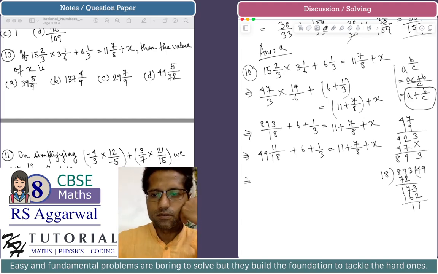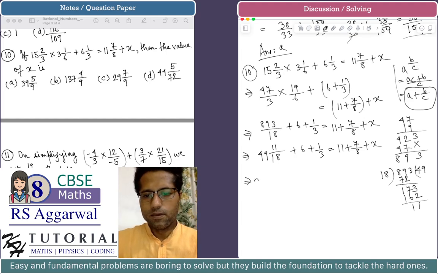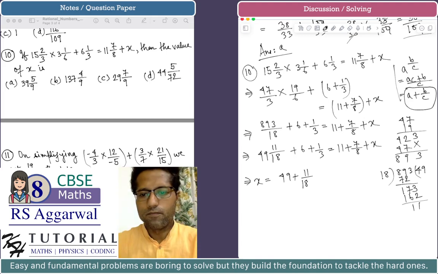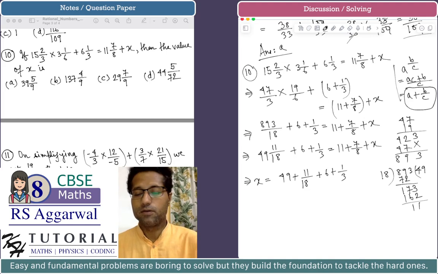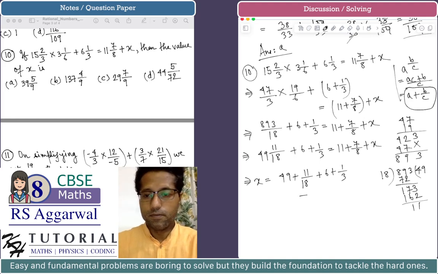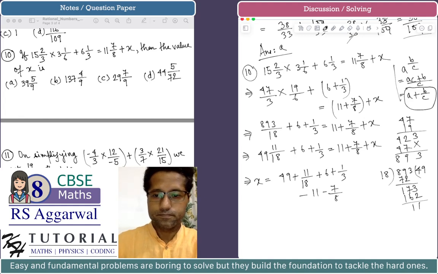So this implies now x will be equal to, now 49 and 11 by 18 is nothing but 49 plus 11 by 18, and we have plus 6 plus 1 by 3. Now if you bring all the constant terms to the left hand side, so 11 plus 7 by 8 from the right hand side, when you bring it to the left hand side, it will become minus 11 minus 7 by 8.